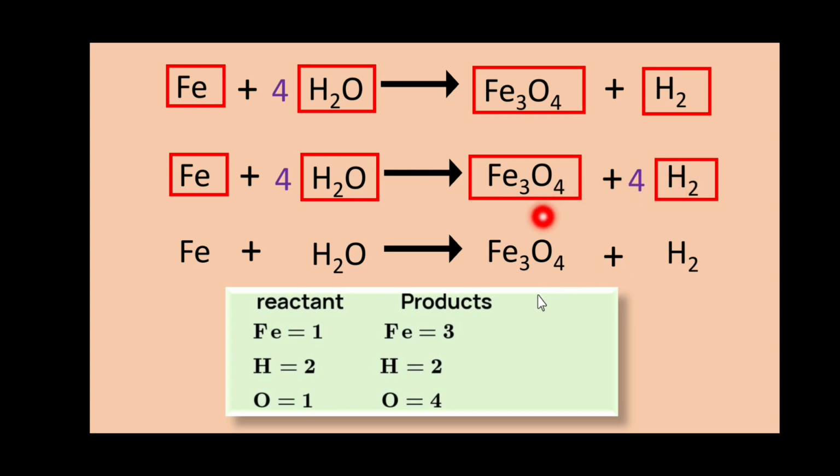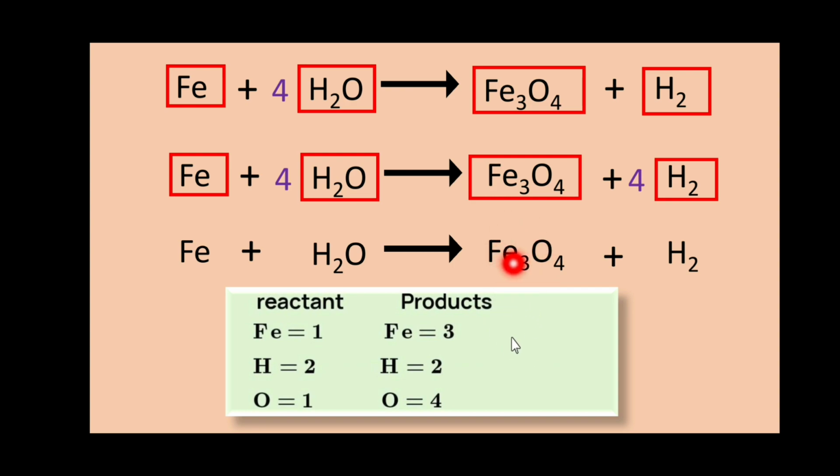Now only the element Fe has to be balanced. On the reactant side, only 1 atom of iron is there. On the product side, 3 atoms of iron are there.